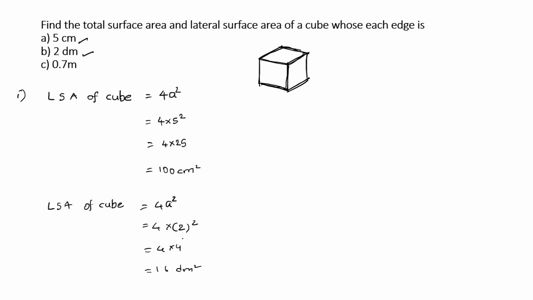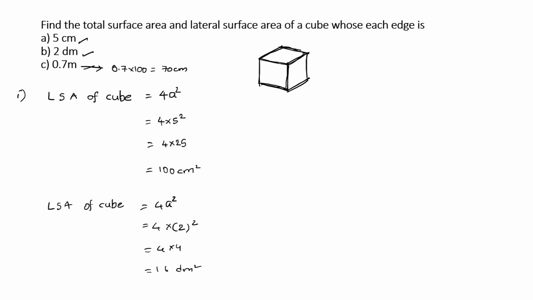Okay, decimeter means 1/10 of a meter, deci. Now you can do this question. You can convert 0.7 meters into centimeter. We know that 1 meter is equal to 100 centimeters. So 0.7 into 100 will give me 70 centimeter, and I have to put here. You will get the answer.